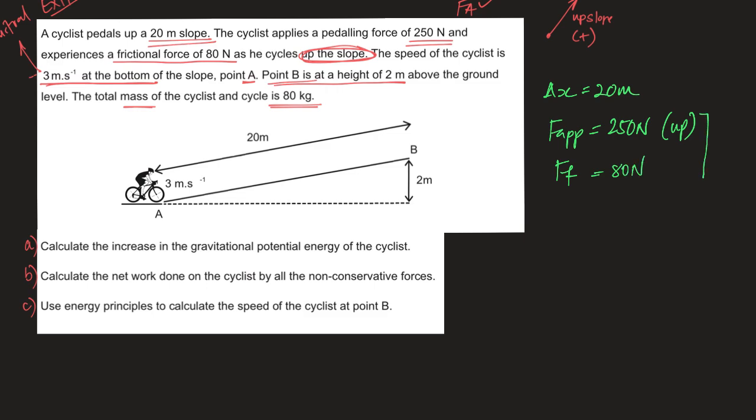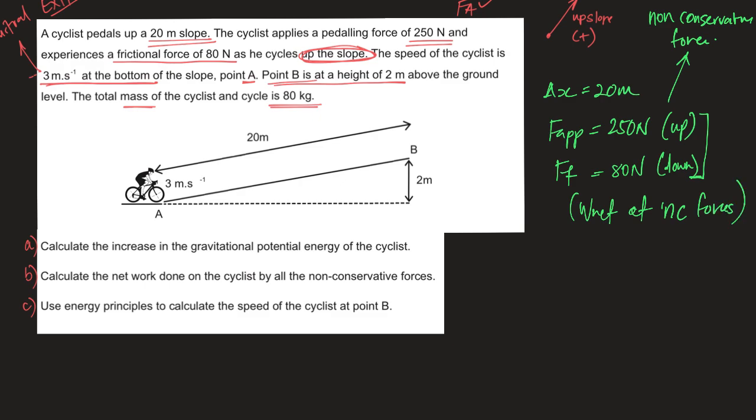So by seeing this information, I already know I have non-conservative forces, and now I've got two non-conservative forces. It means at some point I've got to look at W net of non-conservative forces.